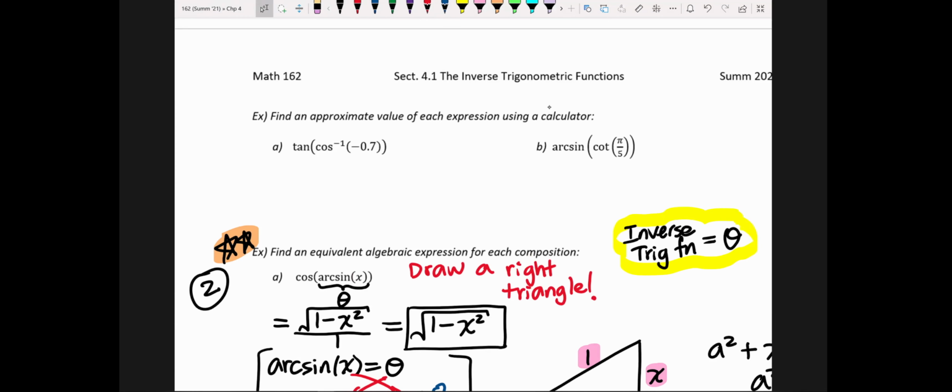Okay. So when you are doing the compositions in your calculator, you also want to do inside first and then outside. So you do the inside one, then the outside. We'll round to 3 places.